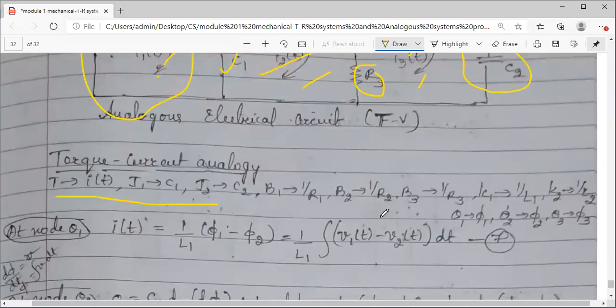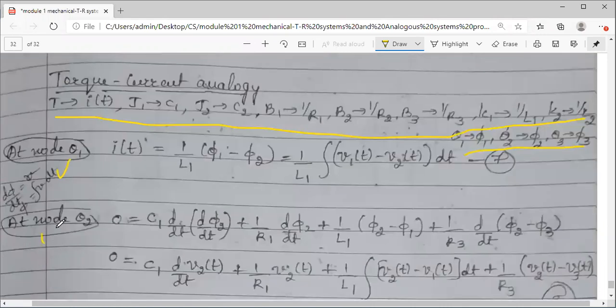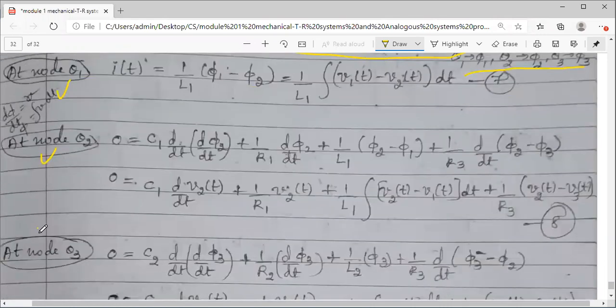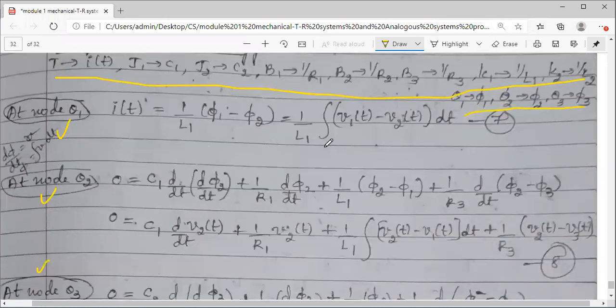First thing is I have listed all the analogous quantities for my reference. Then for 3 different nodes, whatever equations I have written for the torque equations, analogous quantities I have replaced with, and I have got these equations. This is your first equation I have got.